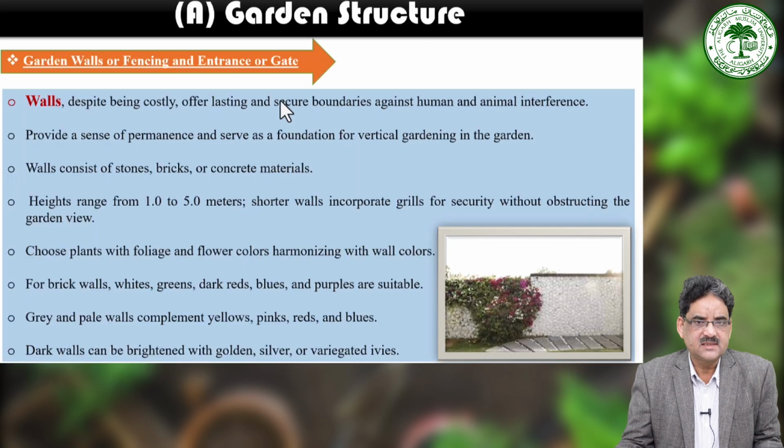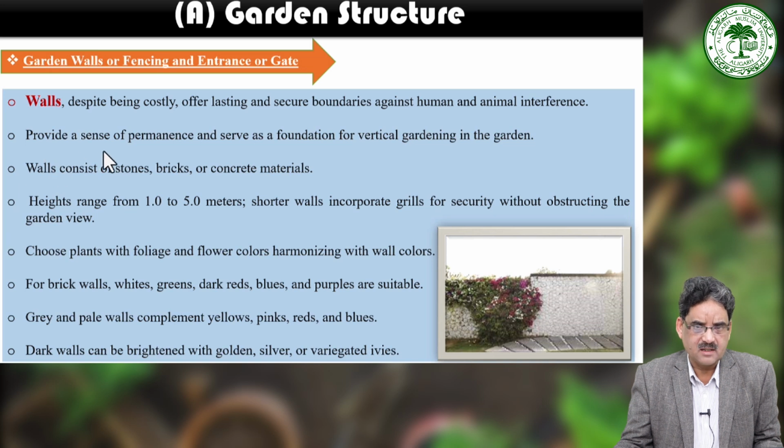The first feature is the garden structure. It includes the garden walls or fencing and entrance or gate. The construction of walls is quite expensive, but provides a sense of permanence and excellent boundaries for protection against human interference and animal menace, and offers considerable scope for vertical gardening.